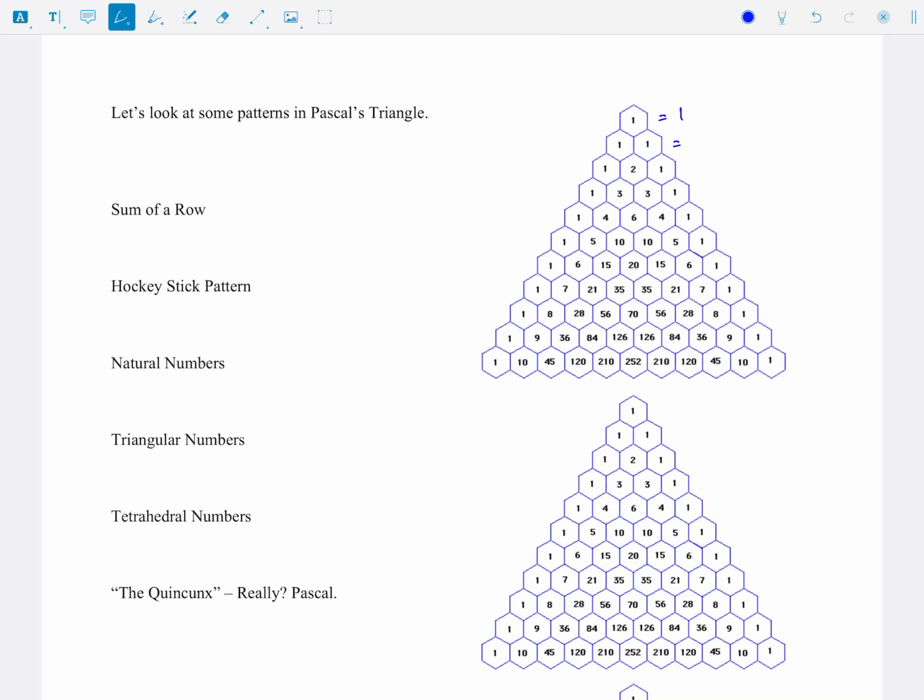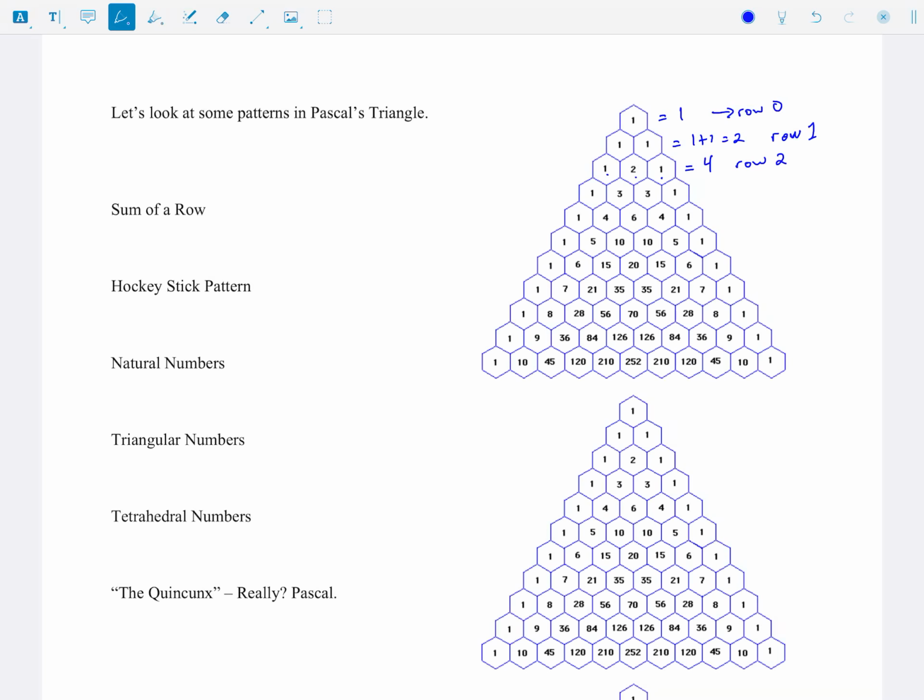Row 1, the sum is 1 plus 1, which is 2. This is row 1, I said, right? This one is row 0. Okay, what about the next one? Well, 1 plus 2 plus 1 is 4, and that's row 2.